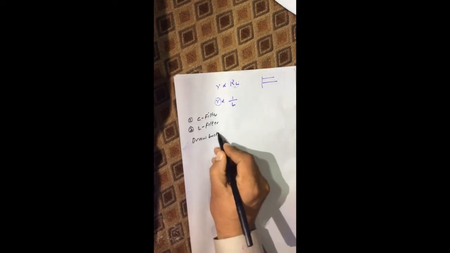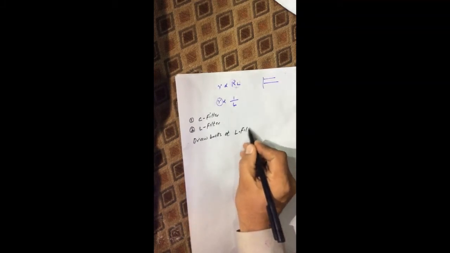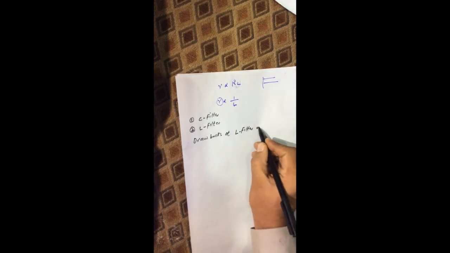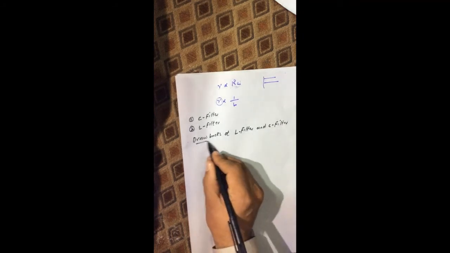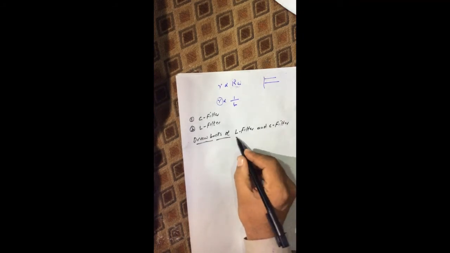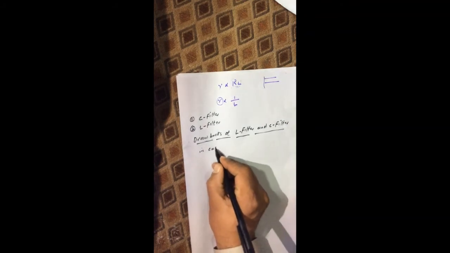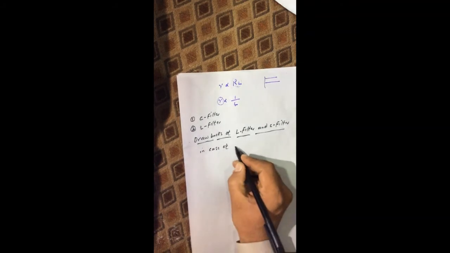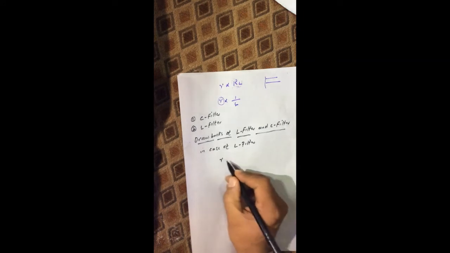Drawbacks of L filter and C filter. Now, in case of L filter, the ripple factor is given by this relation.